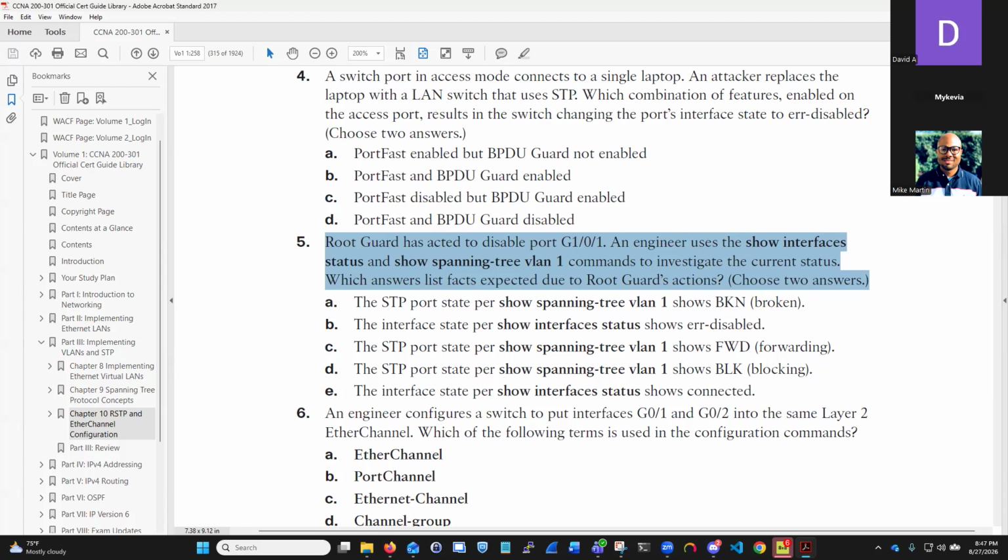Choose two. So I would say one is C because it would be in a blocking state. Because if it's disabled, wait, root guard. No, hold on. Read C.